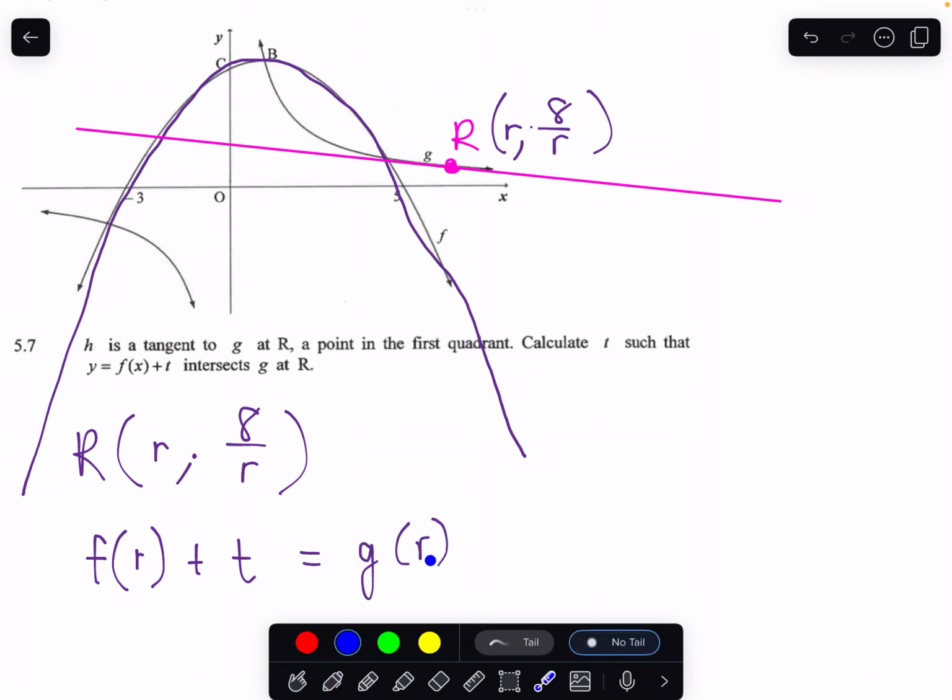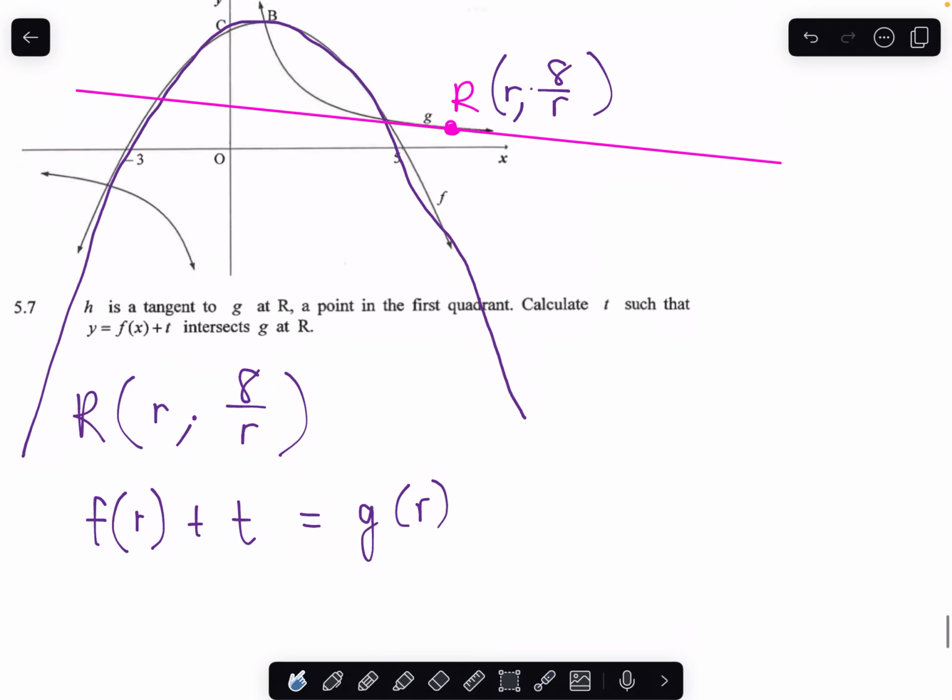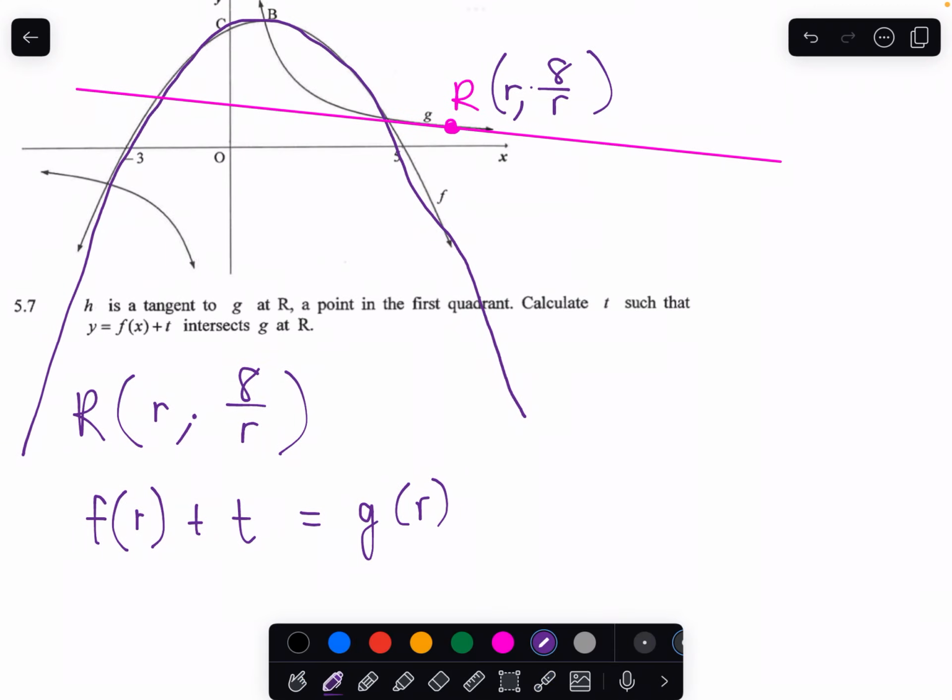That when x is equal to r, the outputs of the two functions will be the same. And just to be very clear, f(r) is negative a half times (r minus 1) squared plus 8 plus t, and g(r) is equal to 8 over r.